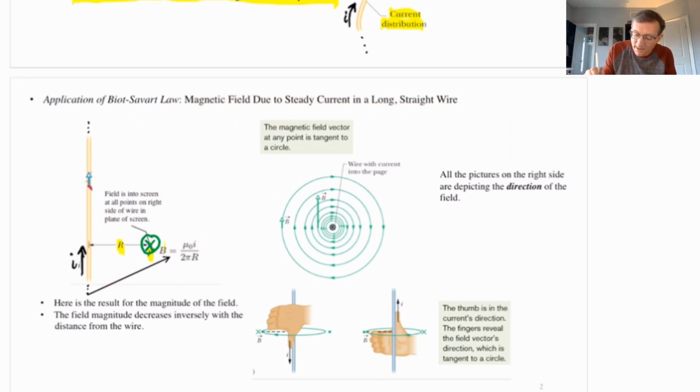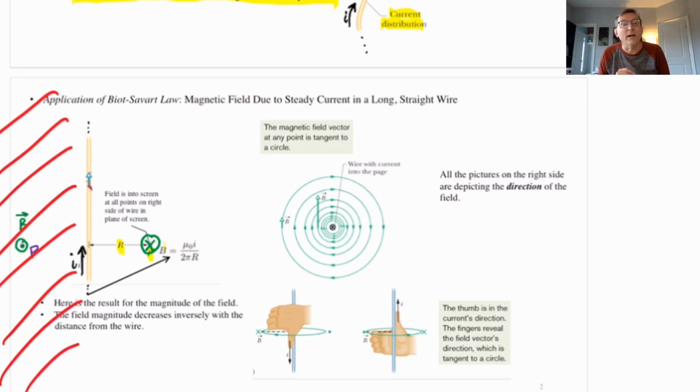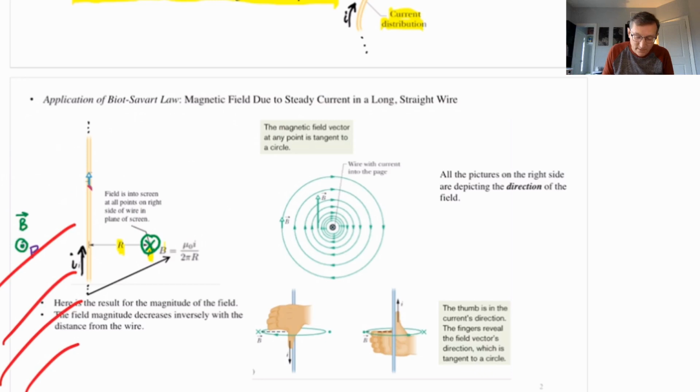Now, it turns out that if we had picked the point P over here, to the left of the wire, the magnetic field law would have given us the fact that the magnetic field B is perpendicular to the plane of the screen and coming out towards us. And that is true for any point to the left of this wire, that the magnetic field is perpendicular to the plane of the screen and points outward.